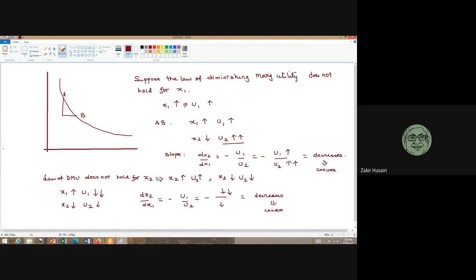Even without assuming the law of diminishing marginal utility, we can still get this result: if I move from a point like A to B, down the indifference curve, my slope is going to decrease.